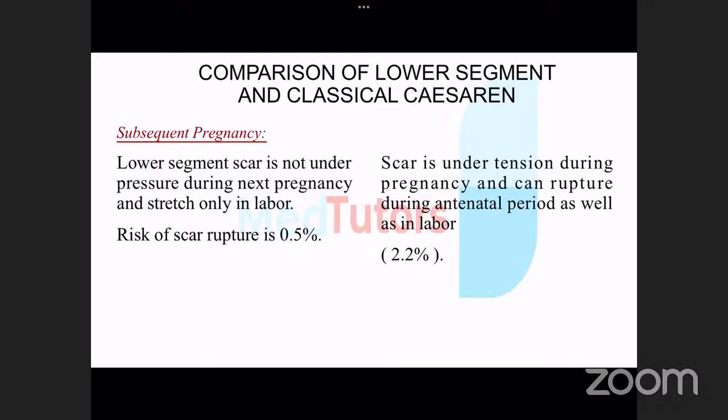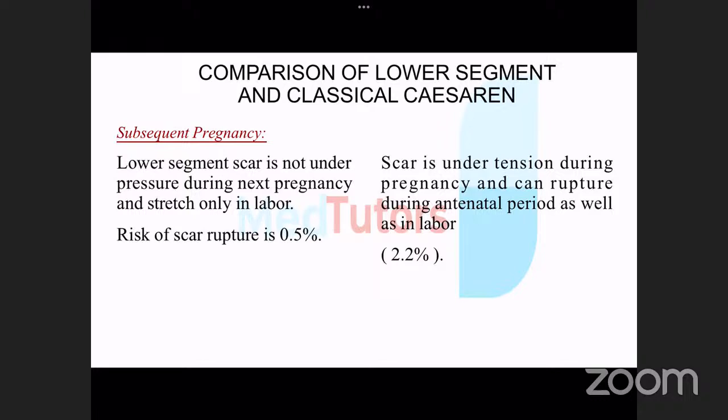Now, in subsequent pregnancy, what are the risks? There's a risk of scar rupture. In any pregnancy in a uterus that has a scar, there's an increased risk of rupture of the uterus compared to a uterus that has no scar.